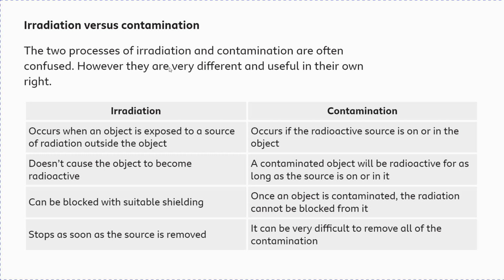So this is why we need to be very, very careful when using radioactive sources, and we'll talk about that again tomorrow. There's a sheet on Class Charts that is comparing irradiation and contamination. At the moment, I've made them all sound really, really bad, but tomorrow we'll look at the useful ideas of both irradiation and contamination.